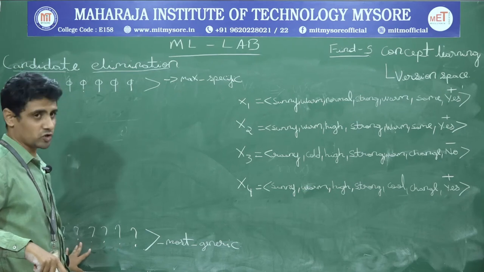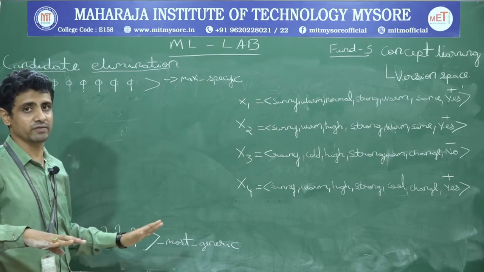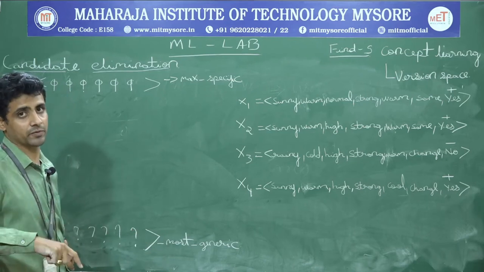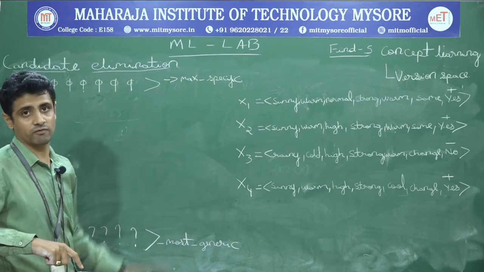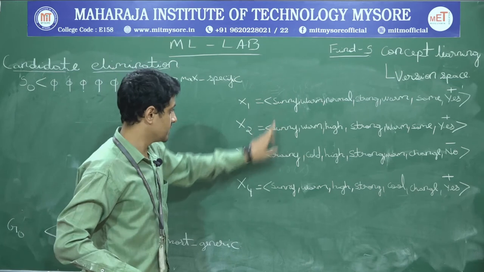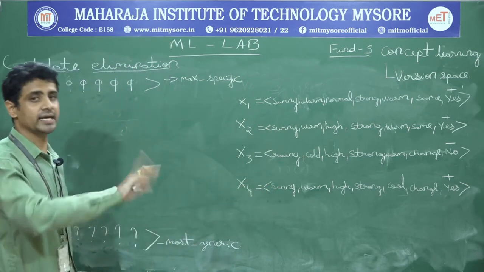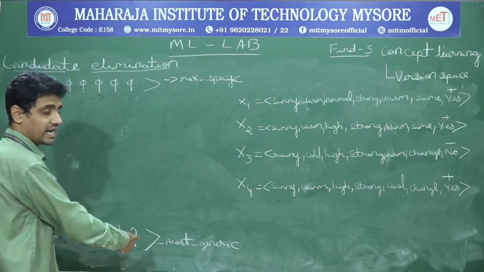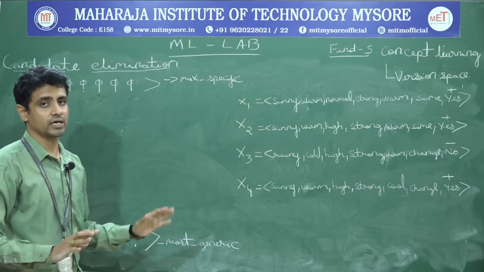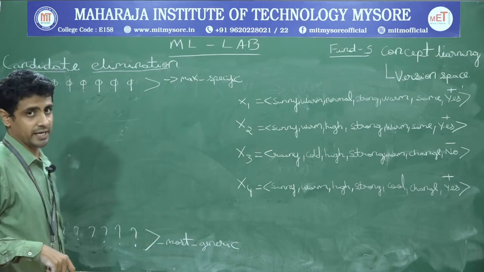A question mark means generalized to everything: this attribute can take any value based on the given set of values. Say, if this is the first attribute, it can take sunny as well as rainy, so the question mark indicates it can take both. So I have taken 6 question marks to indicate a generalized hypothesis. So G0 and S0 have been taken.